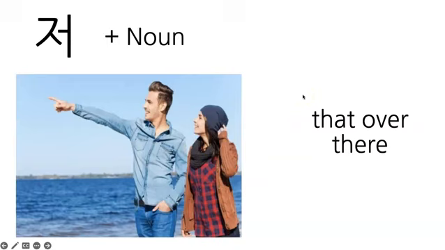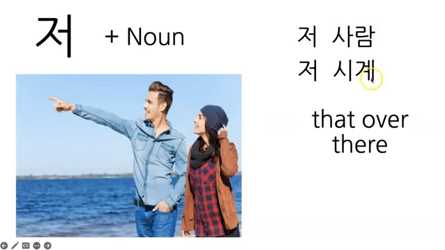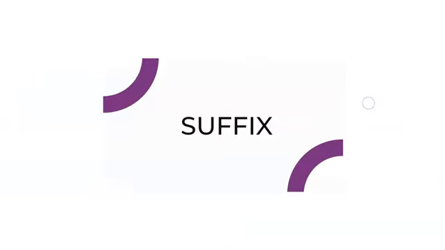So something away from both speaker and listener. For example, 저 사람, so that person over there, that's 저 사람. 저 시계, that clock. So this clock should be away from both speaker and listener. So demonstrative pronouns 이, 그, 저 is also grammar point in lesson 8. So we'll talk about the details in the grammar video lecture.